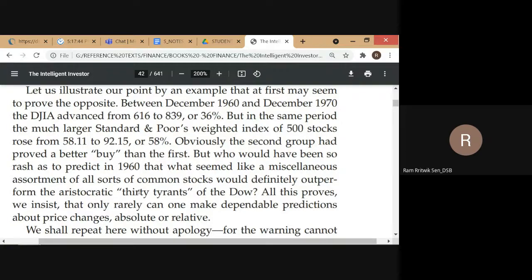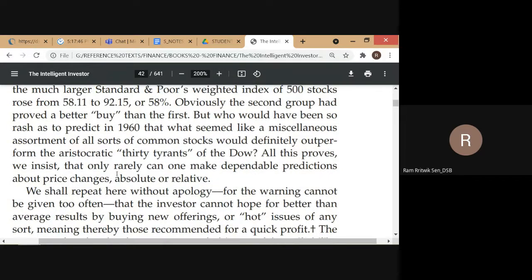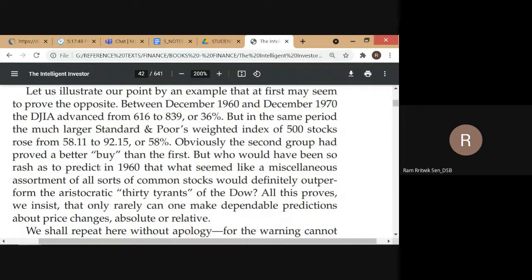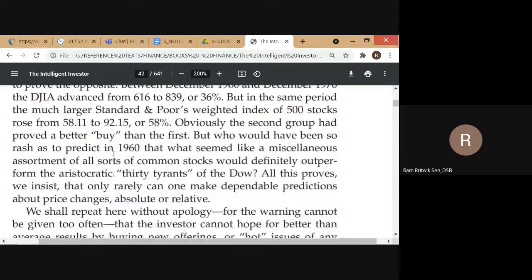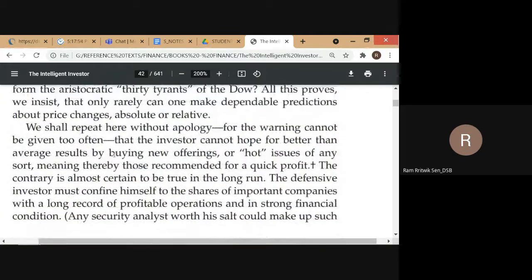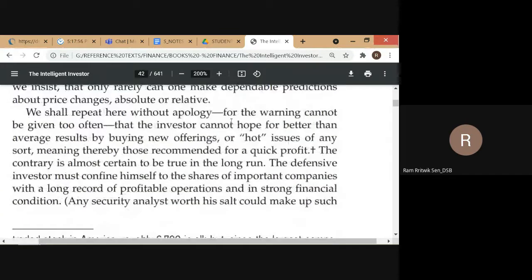So essentially, they're pushing you to some extent into passive investing, index-based investing, and pushing you away from anything that they consider to be speculative.